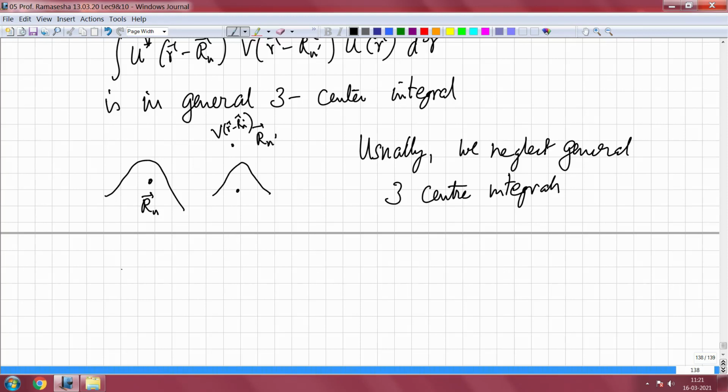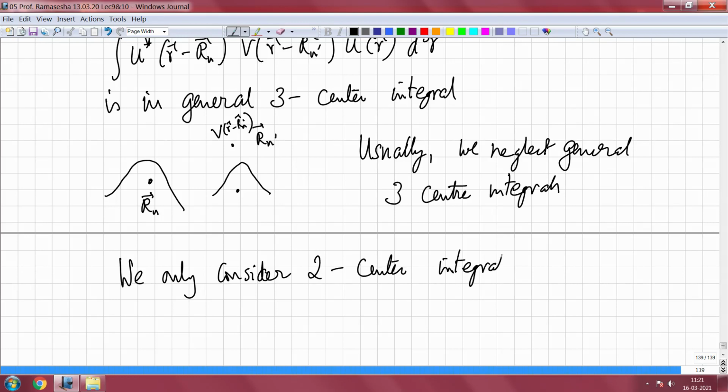So, we only consider 2-center integrals. There are two types of 2-center integrals.